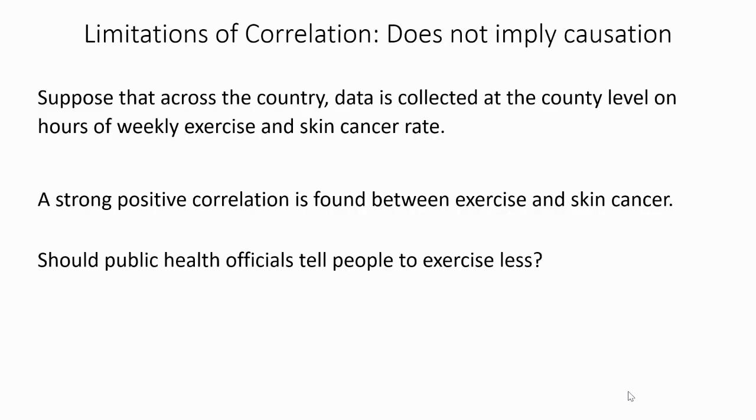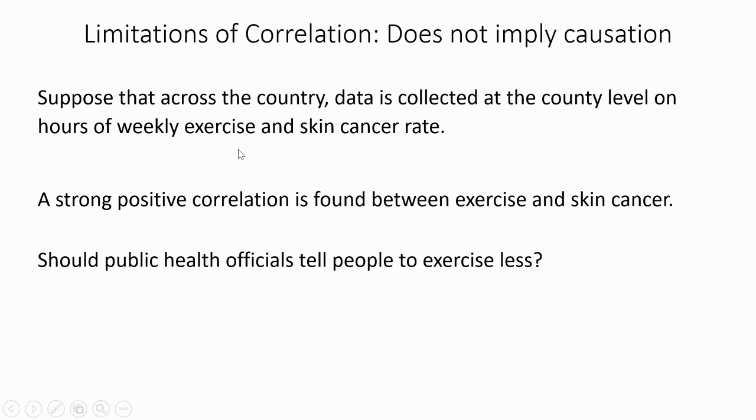All right, and I am contractually obliged to remind you that correlation does not imply causation. So here's an example. Suppose that data is collected across the country, and for each county, like say Gloucester County, Camden County, etc., we get information on how many hours of exercise the residents get per week.